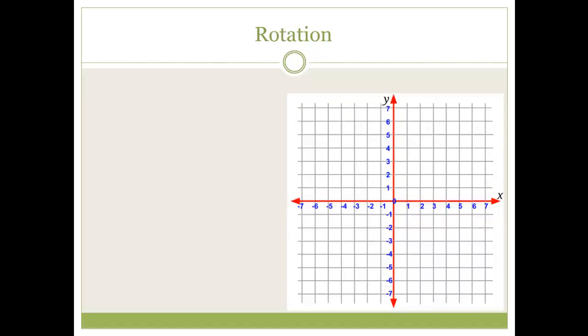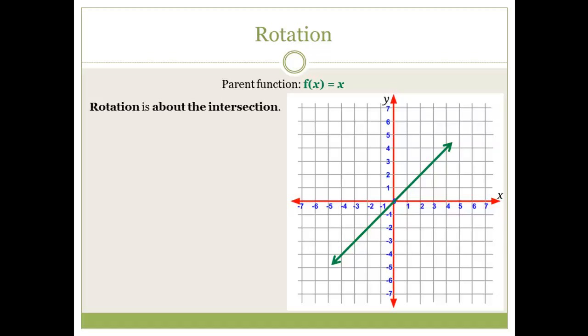Now let's take a look at rotations. Using the parent function f of x equals x, we can identify a rotation by the slope of the new line. A rotation is a turn about an intersection that both lines still cross. The only thing that changes is the slope.